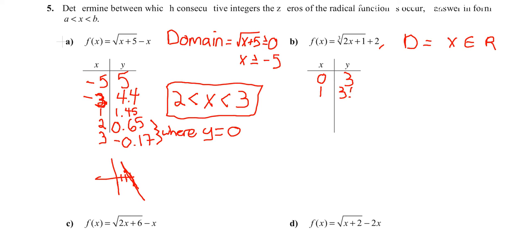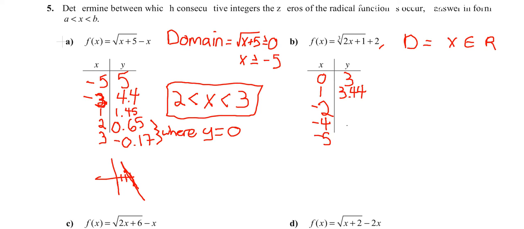Now the reason that I didn't go any farther is because we can see that this is an increase in the y values. So obviously we're going to be going farther away from a 0. Because we want to go towards a 0, we're going to go the opposite direction, because we know any more positive numbers are just going to keep giving us bigger y values. So let's try -2. I've already done this question before, so I'm going to use -2, -4, and -5.